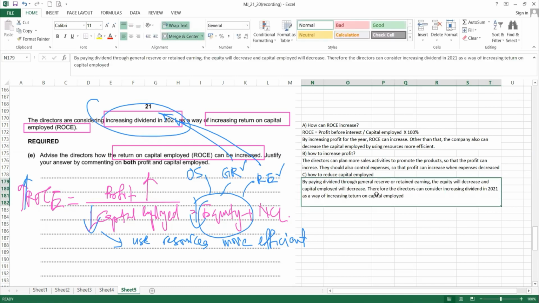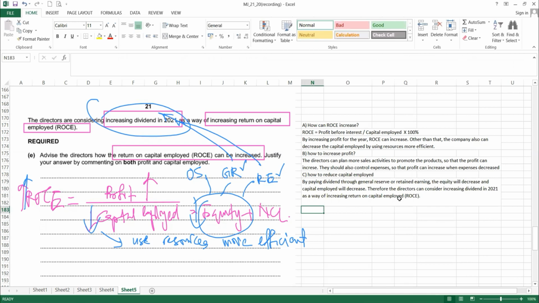So next sentence: therefore the director can consider increasing dividend in 2021 as a way of increasing return on capital employed, which is ROCE. So this is the answer we can use.